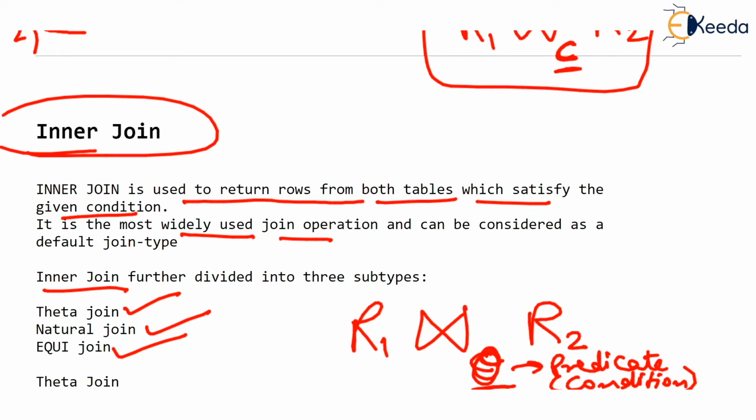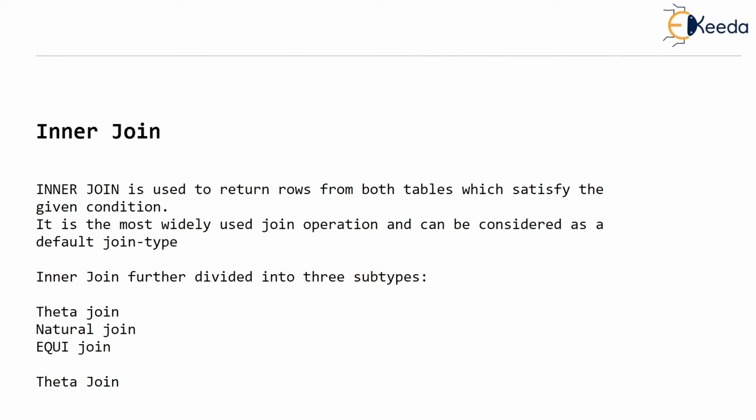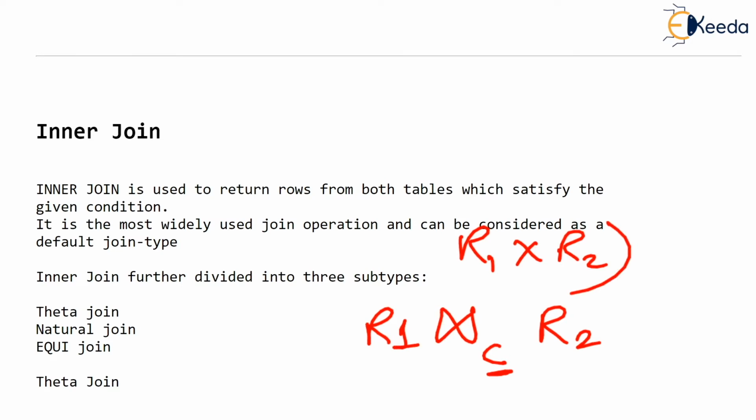You will be surprised on seeing this term called theta join. Why you might be surprised is because you would say, come on, sir, when we join R1 and R2, we have to write a condition, because not writing a condition will simply give us a meaningless result. You know that R1 cross R2 should be followed by a select condition, isn't it?